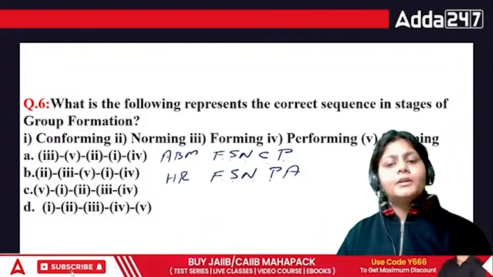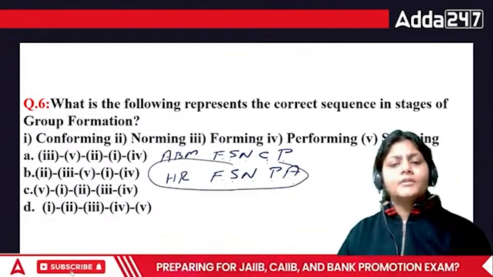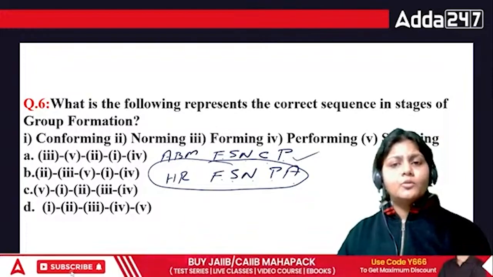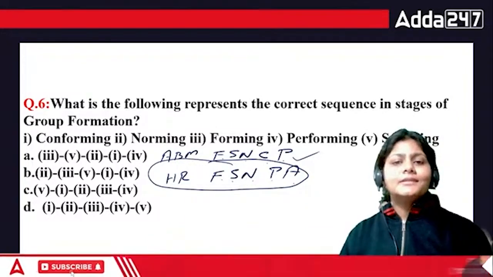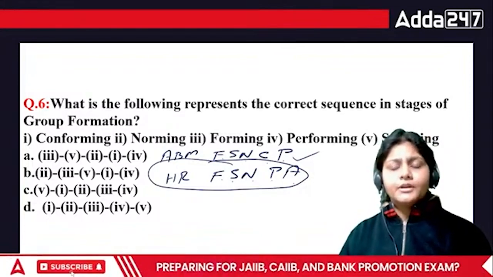Forming, storming, norming, performing, adjourning. And normally in all the HR books, this is given actually, but you have to remember this one also, because in your ABM book, it is written that the right sequence is FS and CP. That is also the correct one, not a wrong one definitely.